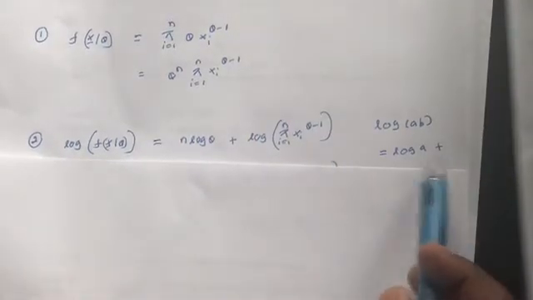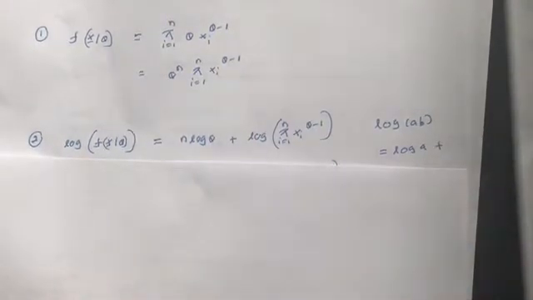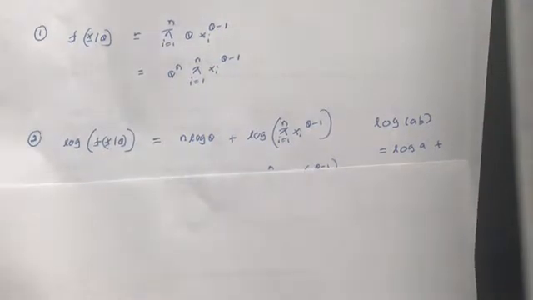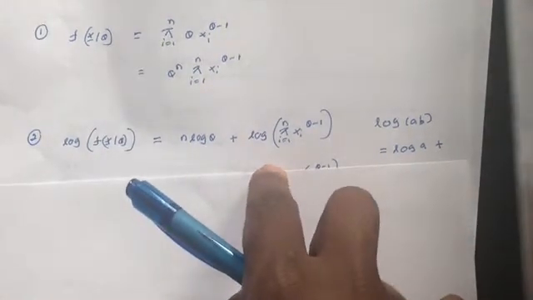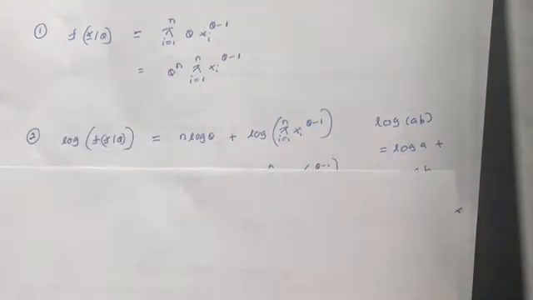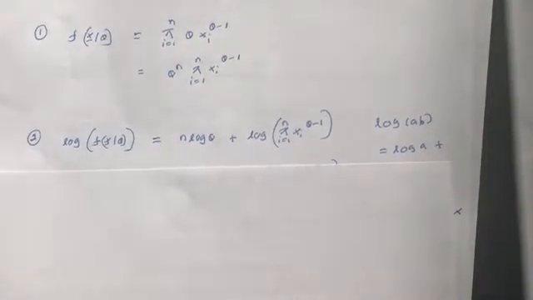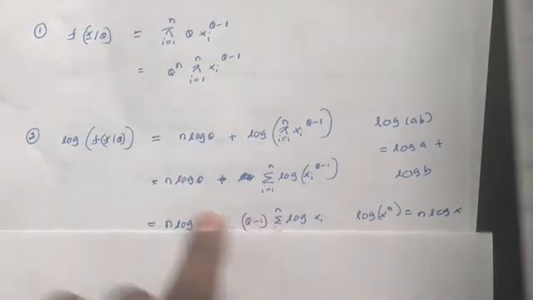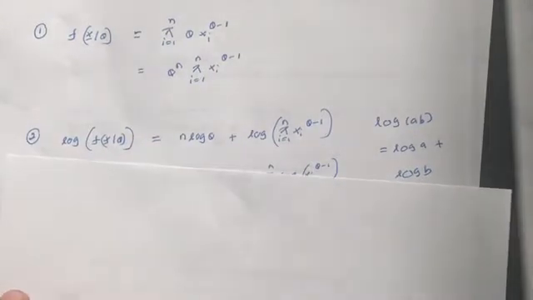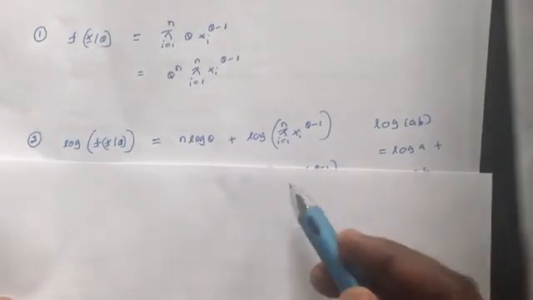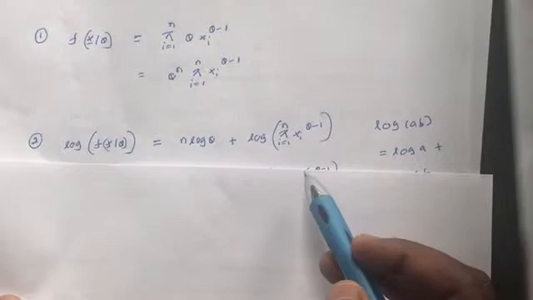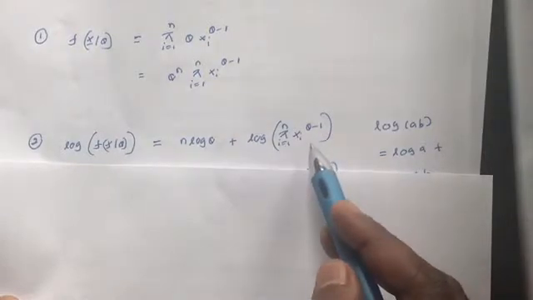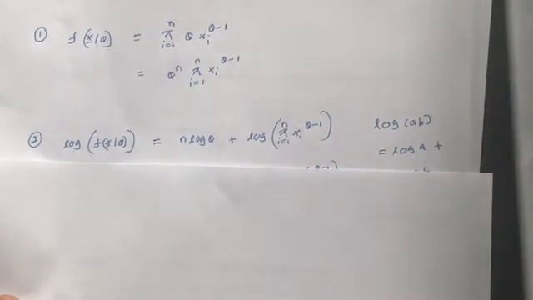Based on these properties of log, I can split it into two parts using summation. The first part is log of theta to the power n, which I can write as n times log of theta, and I also have the term log of the product of xi to the power theta minus 1.